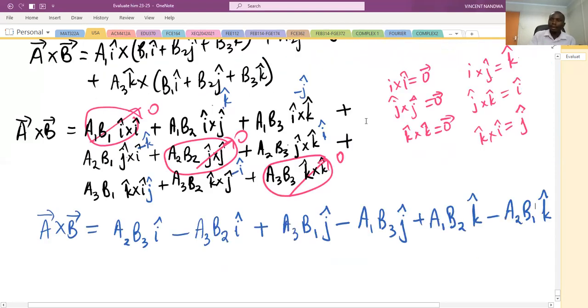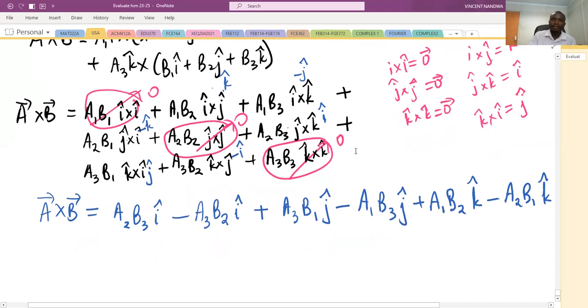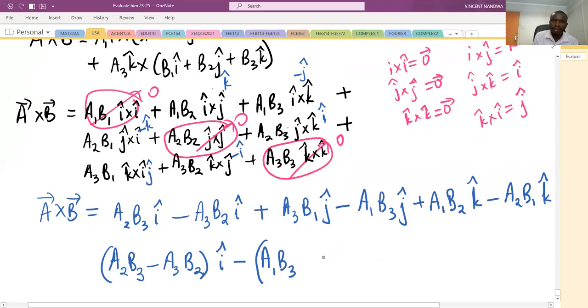So then this can be written as A2, B3 minus A3, B2, i, and then I have A1, B3 minus A3, B1, j.